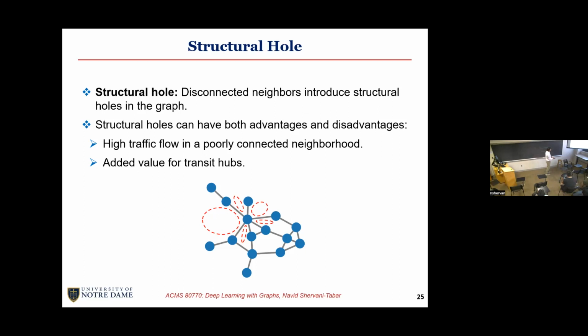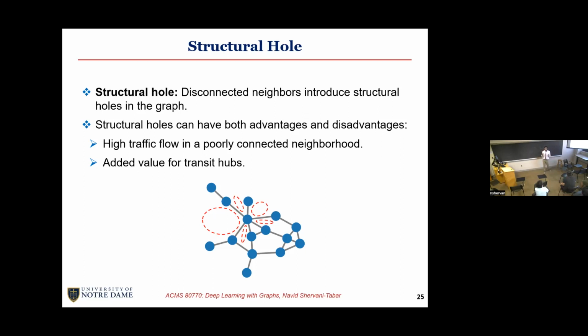So let's look at this node, which has a lot of neighbors: 1, 2, 3, 4, 5, 6 neighbors. And out of these 6 neighbors, only 2 of them are connected to each other. And we have missed links all over the place. I'm just showing 5 of them. So these missed links introduce structural holes.